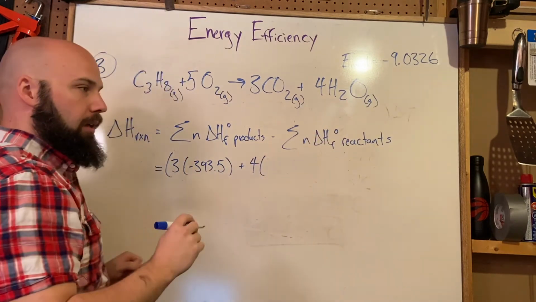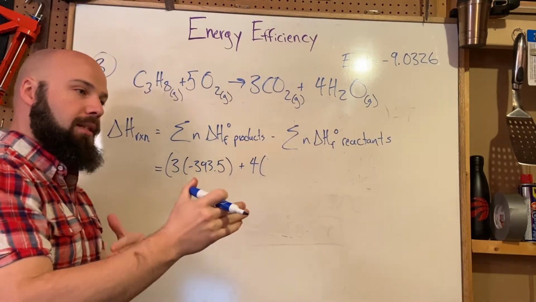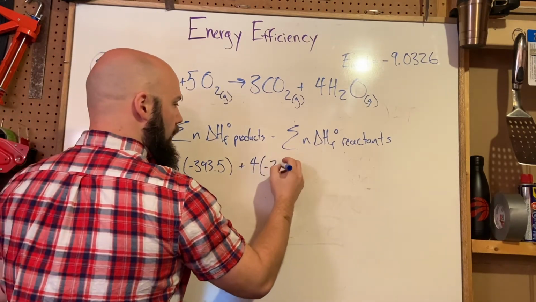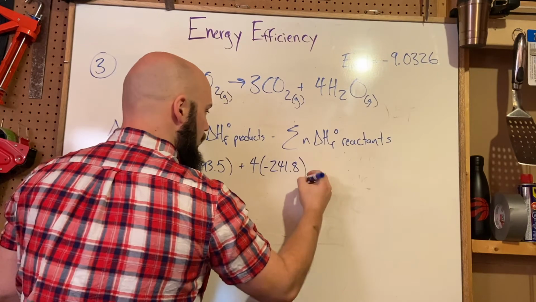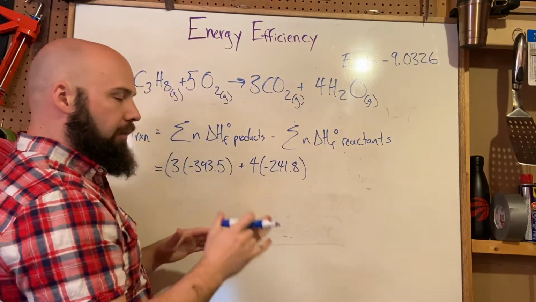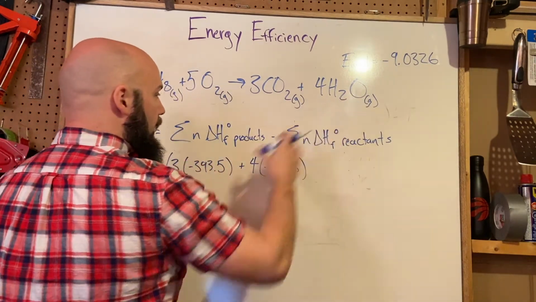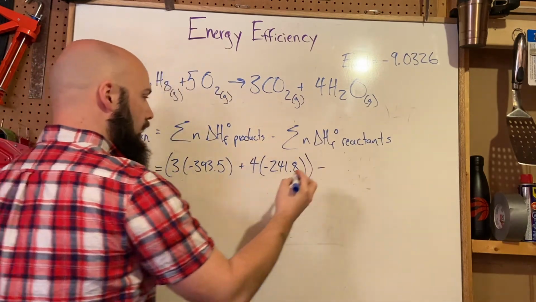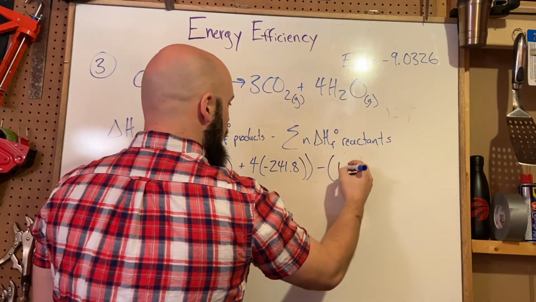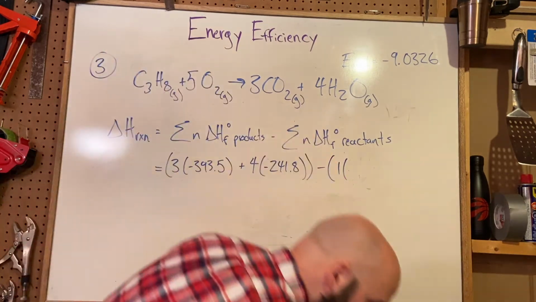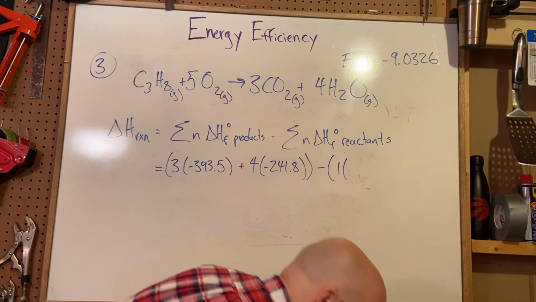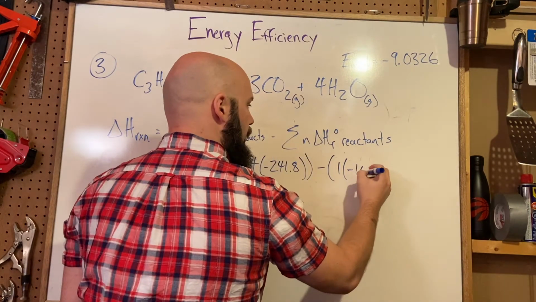And water in gaseous form is going to be different than water in liquid form. Gaseous is negative 241.8, and the liquid is negative 285. So you need to make sure you have the right state. And then we're going to subtract our reactants. So we have 1 times propane, which I don't have memorized, negative 103.5.